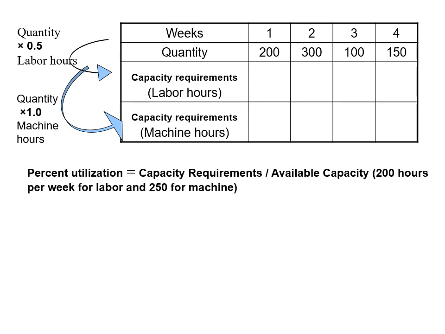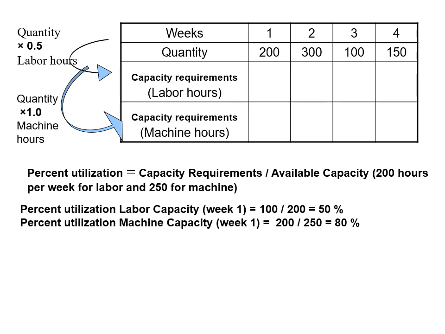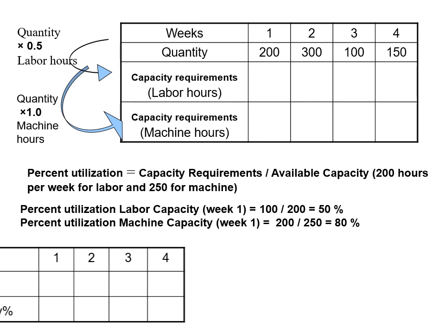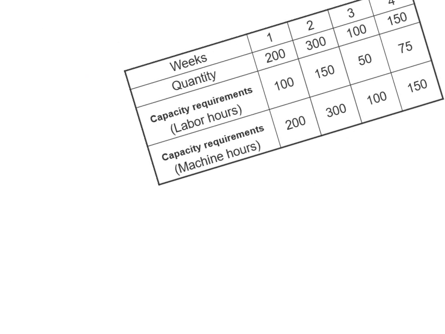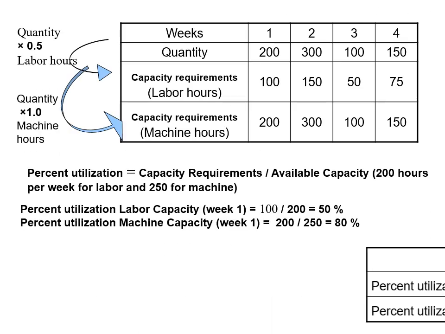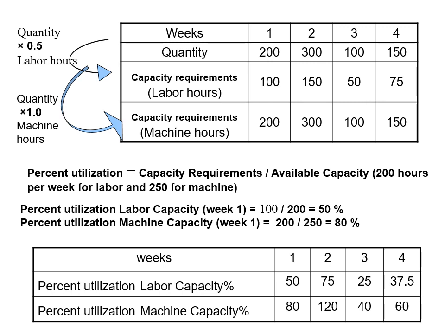And after that, we calculate the percent utilization for machines and labor. This time, the capacity for labor is 200 and for machine is 250. This is the number. This is the end of the example.